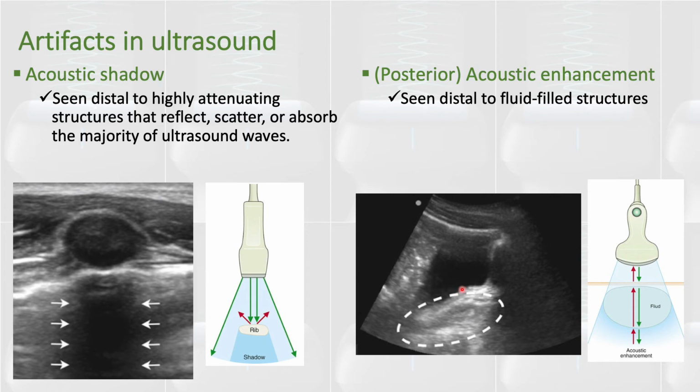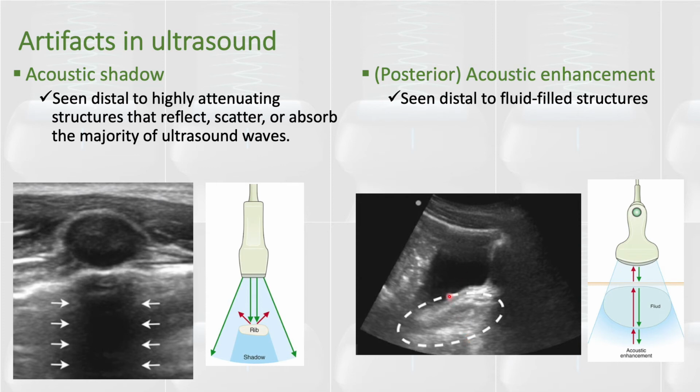So basically, this is a fluid-filled structure, and behind that structure, there's a hyperechoic area. It's a bright area of white ultrasound beams. This is called posterior acoustic enhancement, and this also happens because of the presence of fluid inside the structure, which absorbs most of the ultrasound beams.